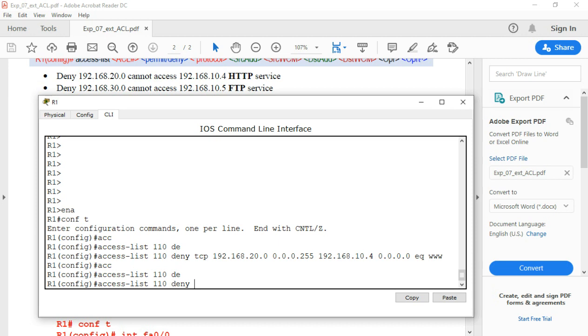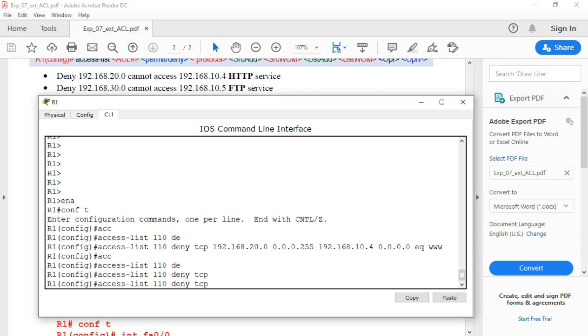The FTP server, it is TCP also, and the network is 192.168.30.0 with subnet mask 0.0.0.255 because it's a network. And this number is a host, so we can write host followed by this number, or this number followed by 4 zeros.